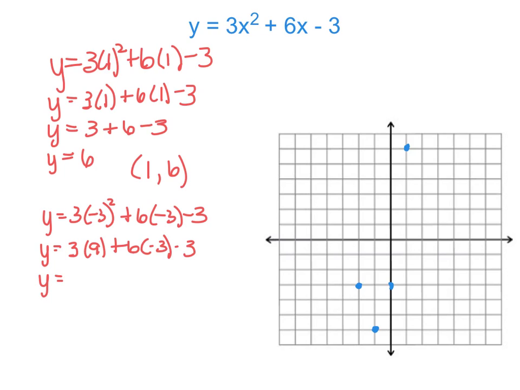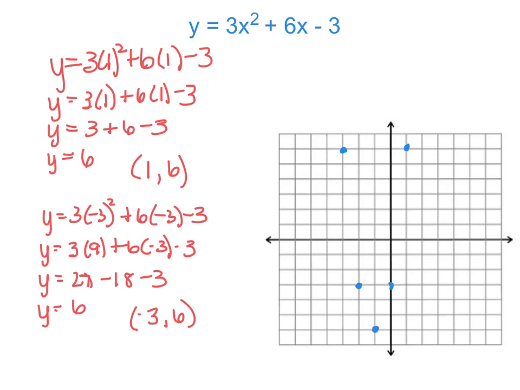Three times 9 is 27. 6 times negative 3 is negative 18. And then 27 minus 18 is 9, minus another 3 is a positive 6. So again, we're getting the same y value. The x is negative 3, the y is positive 6. And graph that. Go right up top.